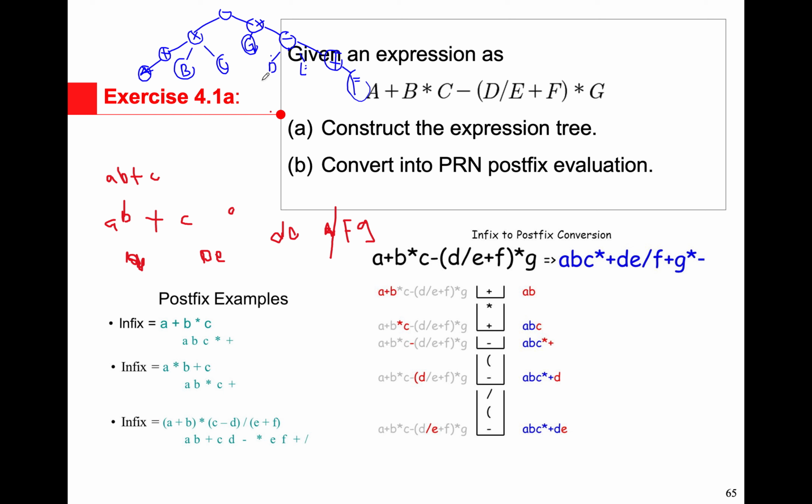So this is the expression tree, the normal expression tree.